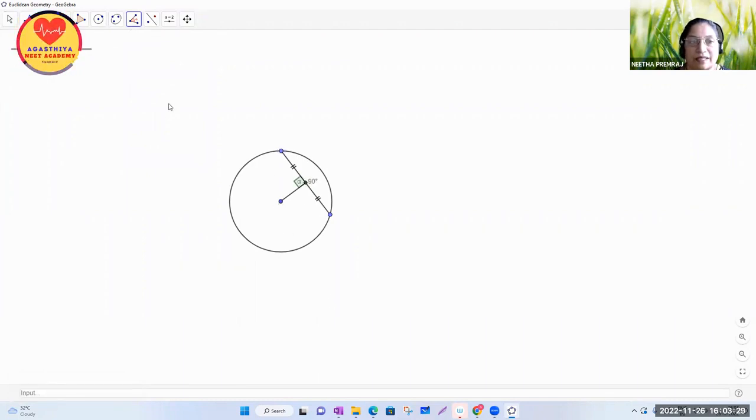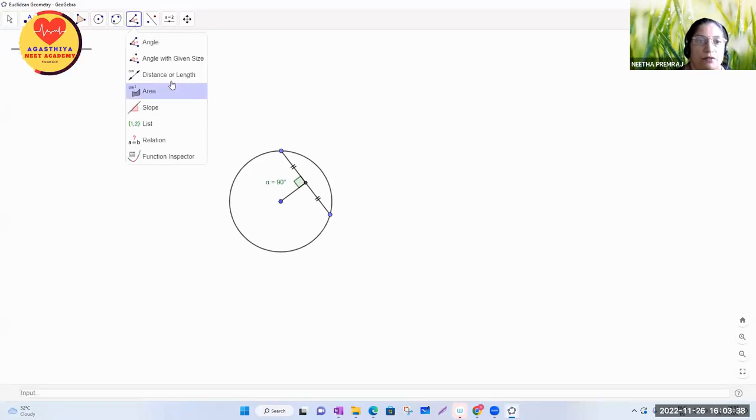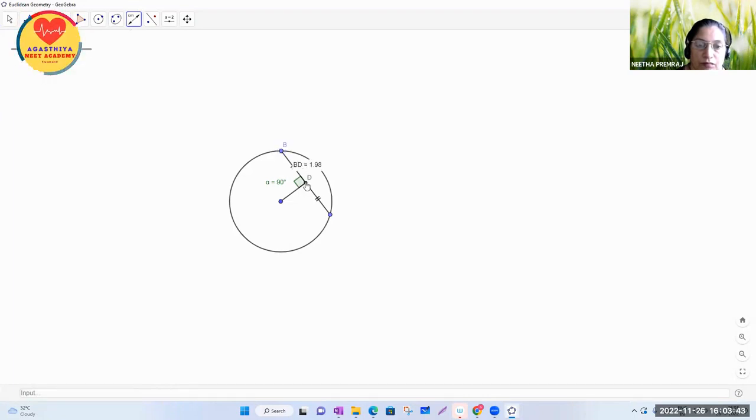It's 90 degrees, isn't it? So the line is perpendicular to the chord. Then what about the measures? See, both are 1.8, isn't it? So it bisects the chord. If you draw a line from the center perpendicular to the chord, then it bisects the chord. Now you got it clear, guys?